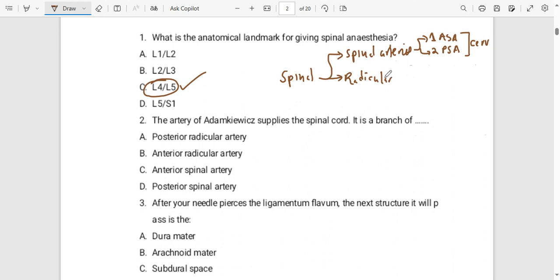The radicular arteries also, you are going to have the anterior branch of the radicular artery and the posterior branch of the radicular artery. Since the spinal artery only ended in the cervical, how about from the cervical going downwards? So what is going to supply from the cervical going downwards are the radicular arteries. And you are also going to have what is known as arteriovascular.